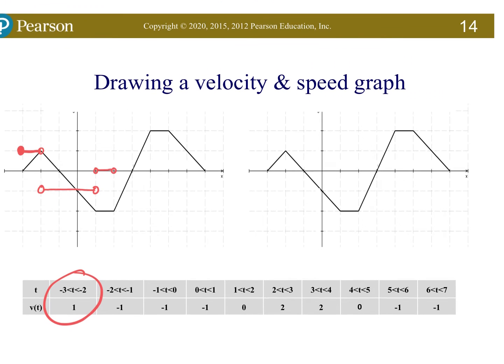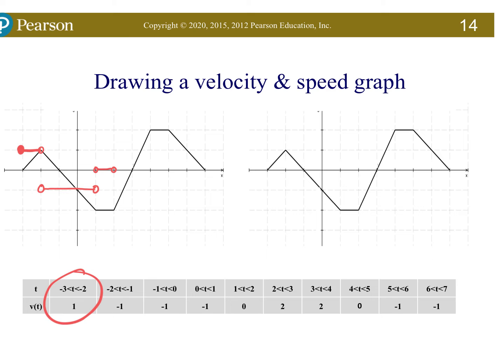Then it has 2 segments with a value of 2, so I'll go up to a value of 2, and that's 2 segments long. Then it has another value of rest. And then it finishes with 2 segments with a value of -1 because the slope value is -1. And then I end with a closed circle.